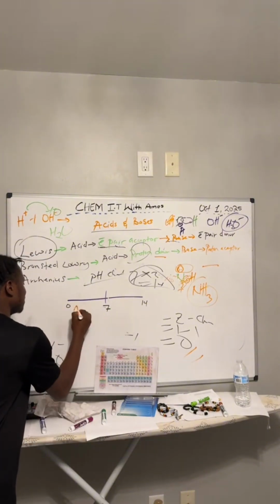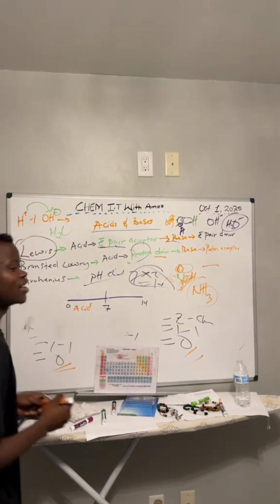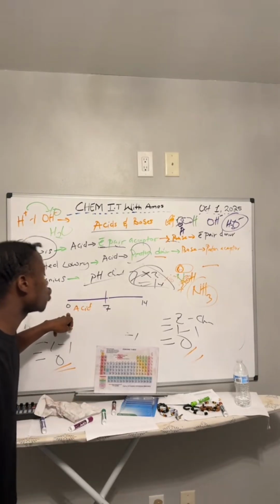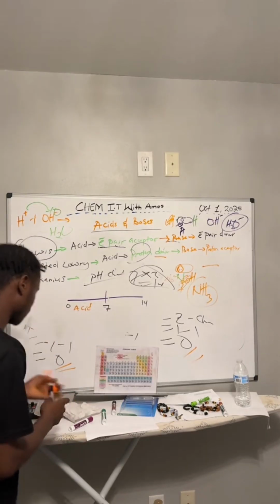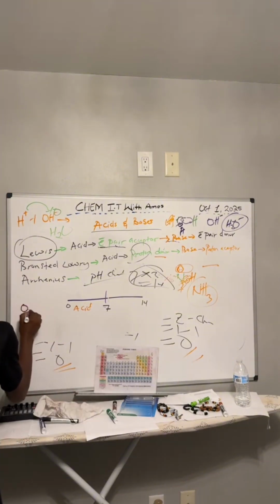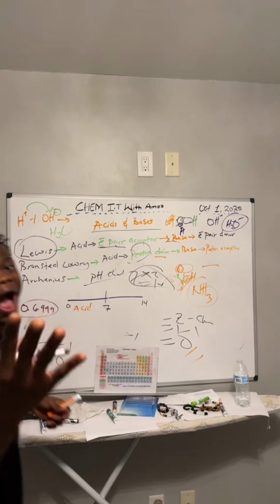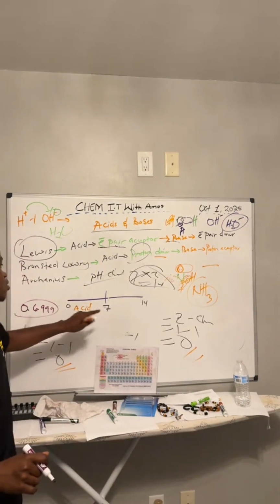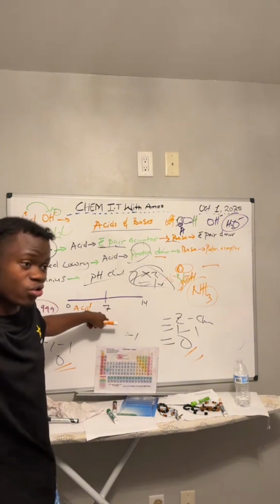Acid reads from 0 to 6.999. Why? Because once it gets to 7, it becomes neutral.